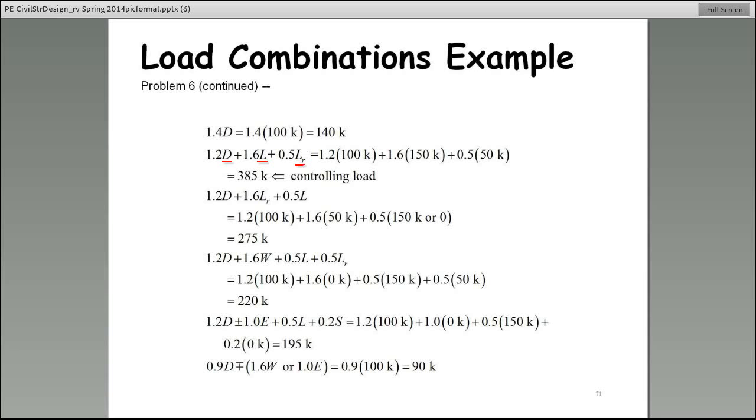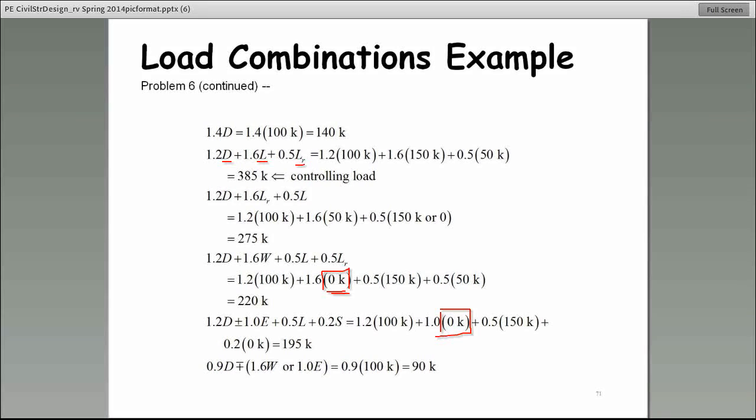All right? Now, some of these, they didn't give you. For example, in this equation down here, we used 0 because this was not given. That was W, all right? The W was not given, so we used 0. This one was not given, so we used 0. So plug in 0 for those things that they didn't give you.